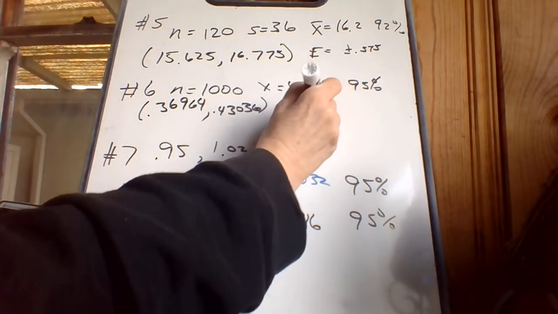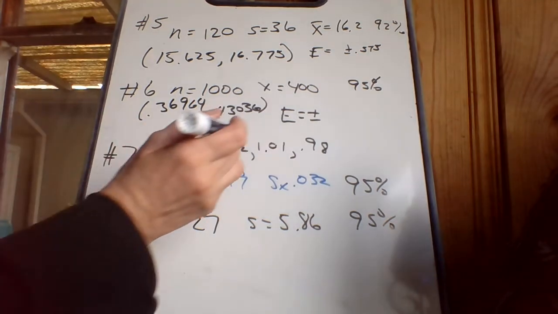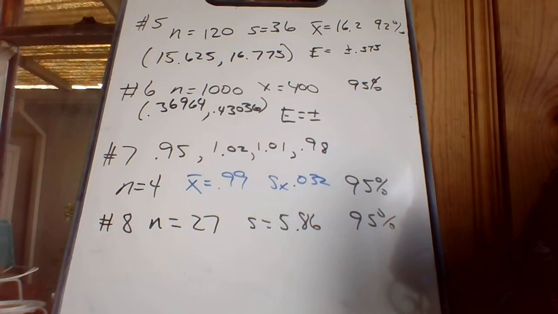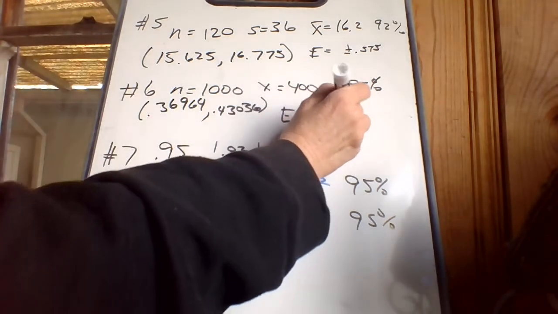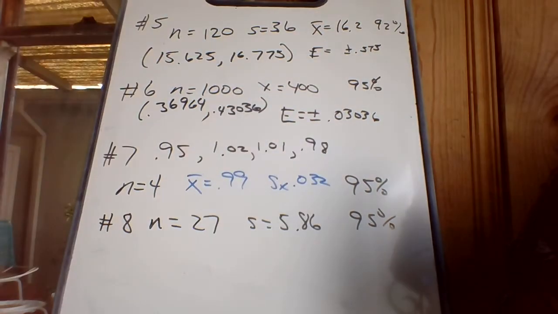E equals plus or minus 0.43036 minus 0.36964, divided by 2, 0.03036. Okay. All right, so now I'm ready to read question number 7.